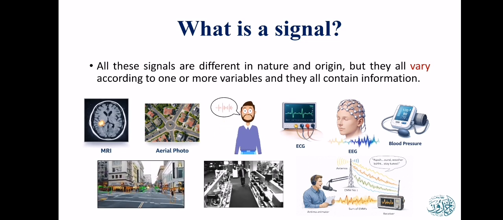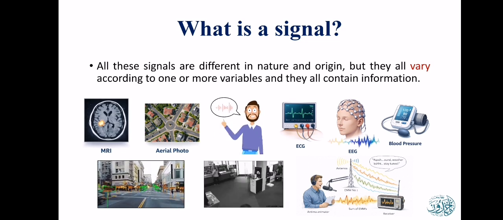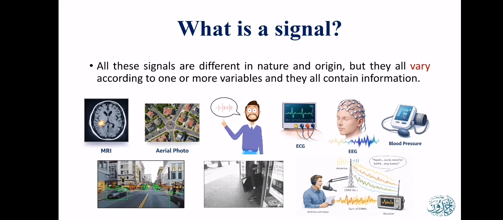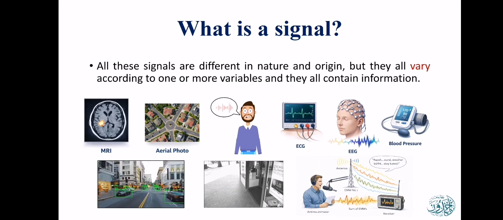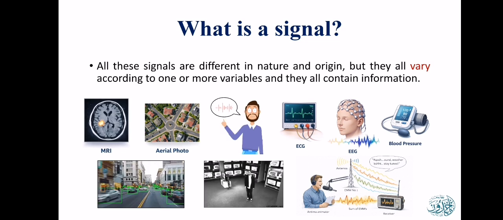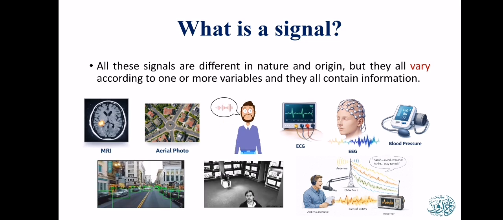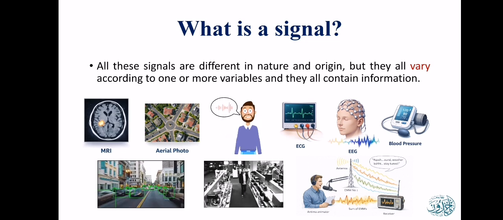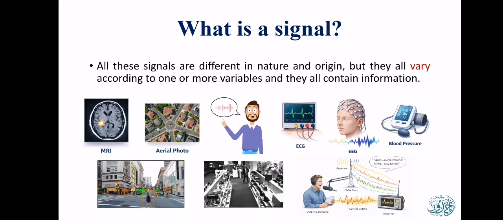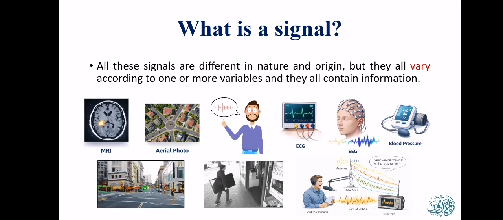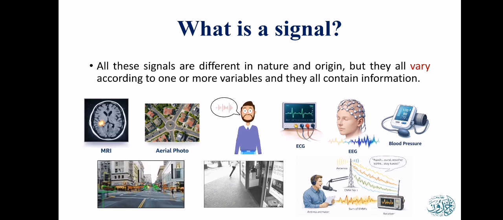Some are physical, some are electrical, others are simply variations of light intensity or colors. The point is this: what do all these signals have in common? First, they all vary according to one or more variables, and second, and more importantly, they all carry information, and that is the essential point.